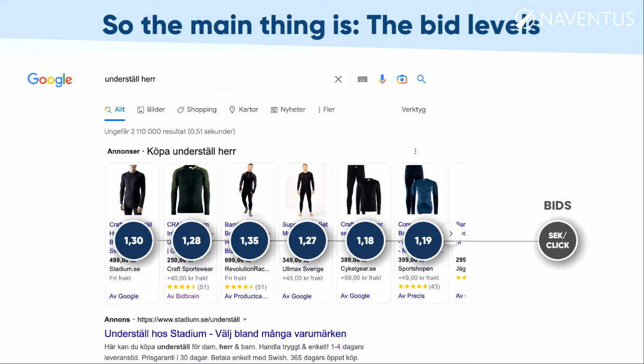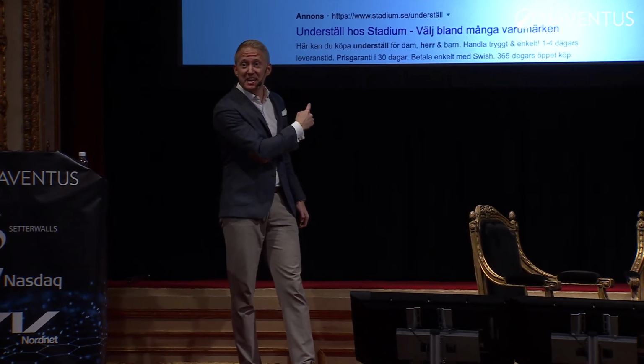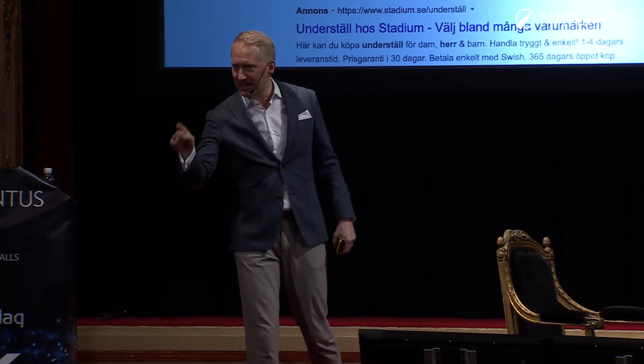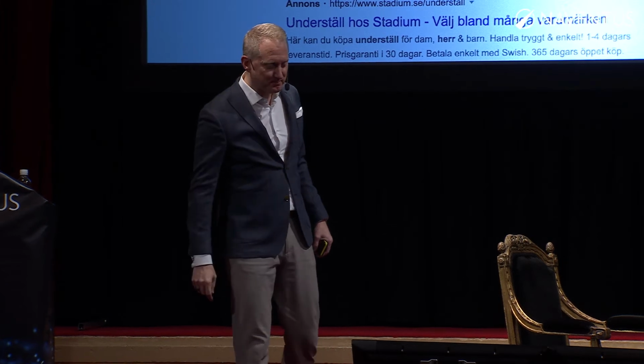So let's take this example, the bids. Look at all these bids here. You see all the different players have placed different SEK, Swedish crowns bids per ad. They don't pay that yet. They only pay once you've clicked that ad, all right? So it's per click. So for example, you end up bidding 1.35 for this ad. And then you get thousands of clicks on that.